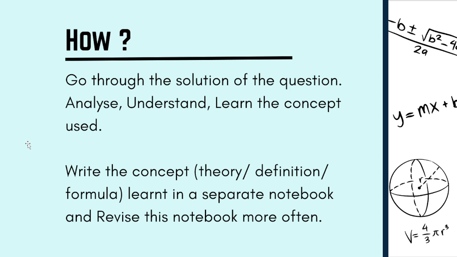So when you solve other previous year questions, if the same concept has been asked, you can do that question properly. And even if that same question is asked in your own JEE paper, you can do it without any difficulty. And make sure you write this concept, whether it be theory or definition or formula, whether it be physics or chemistry or mathematics, whatever the subject. Write the concepts learned in a separate notebook and revise this notebook often.